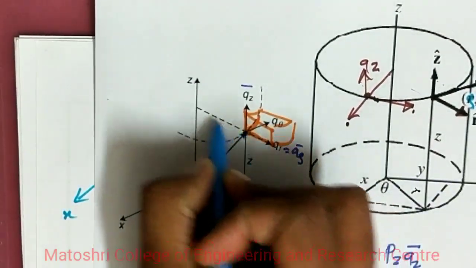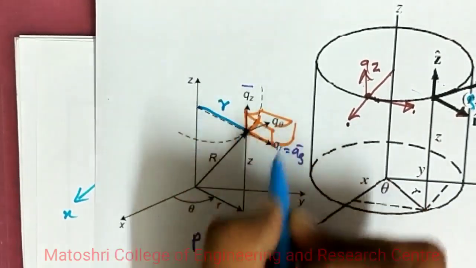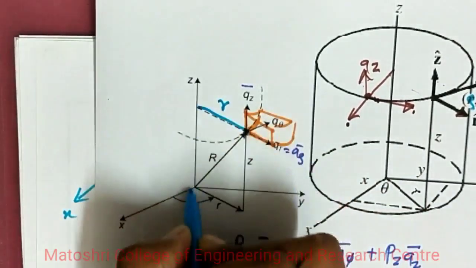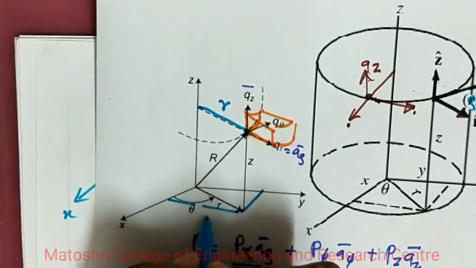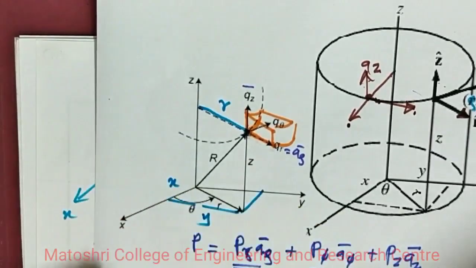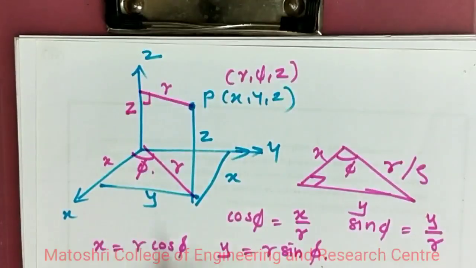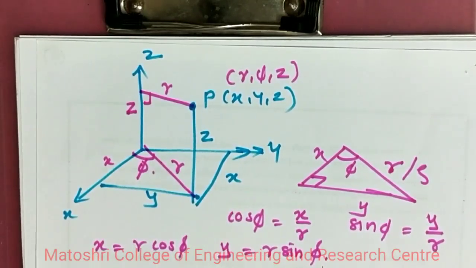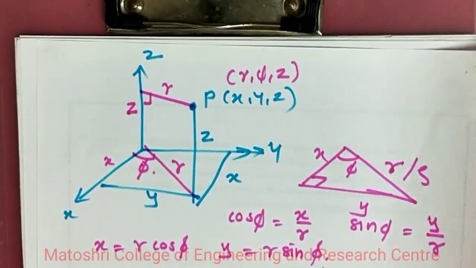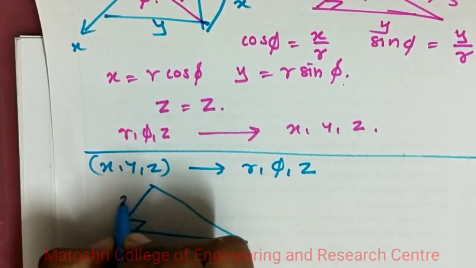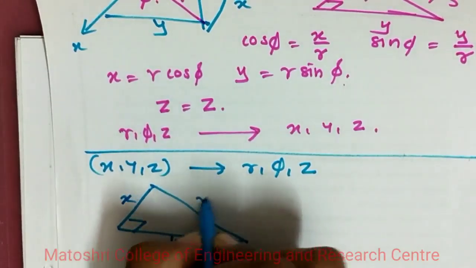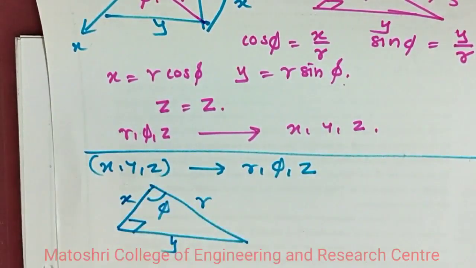This is point P, this is r, this angle is phi, this height is z, and these are the x and y intercepts. This is again the radius. Now consider this right angle triangle, which is again obtained on the bottom side. This is x, this is y, this is r, and this angle is phi.